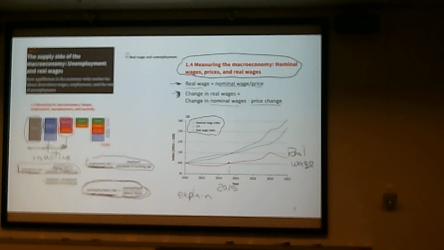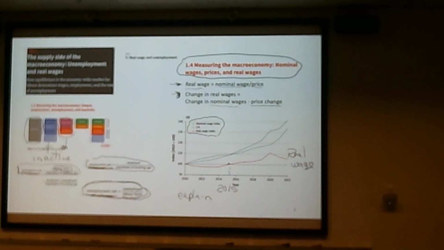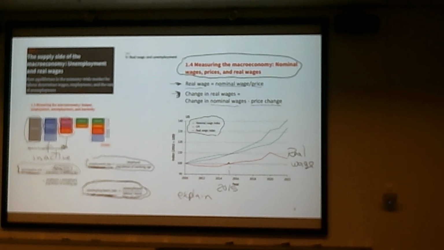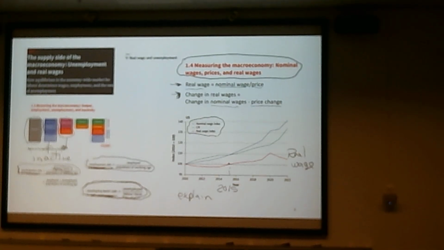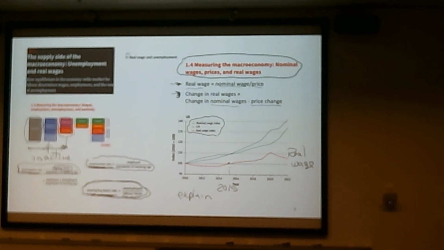When inflation is higher than nominal wage growth, the real wage goes down. What happens then in 2015? If we just look at 2015, they are back on the same track. So they change at the same speed. In 2015, the increase in the nominal wage equals the increase in the prices.